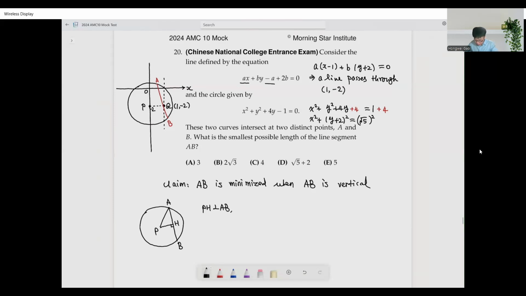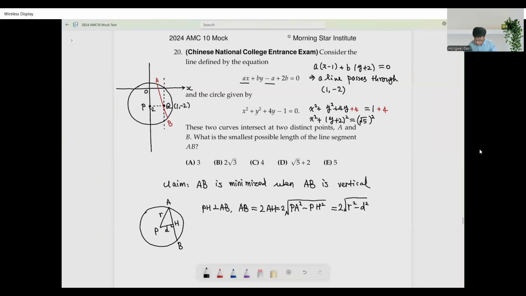So by the Pythagorean theorem, AB equals twice AH because PAB is an isosceles triangle. But AH by the Pythagorean theorem is PA squared minus PH squared, then we take the square root. PA corresponds to the radius, PH is the distance from P to the line AB. So that is R squared minus D squared, times 2.